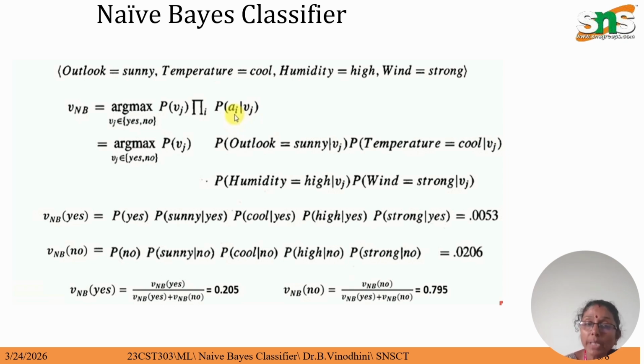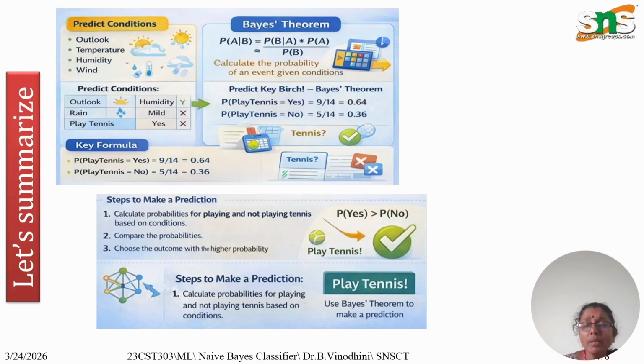Next, we calculate the probability of no for the given input, based on the previous step. So we have to find the two probabilities, yes and no. The class label with the highest probability is assigned to the given data. This is the way we calculate the classification label of the given input.